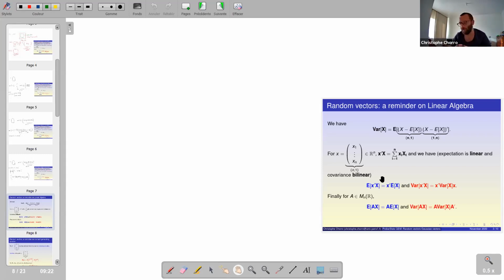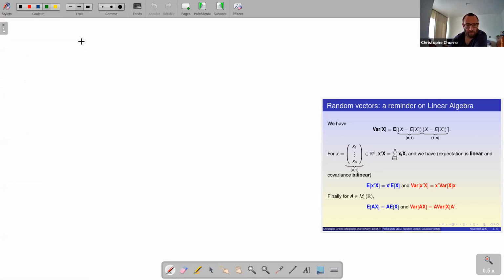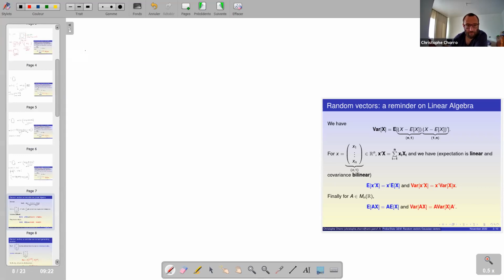Okay, so what I do here, keep in mind that I have my vector x, x1 to xn, and we are going to do a linear combination.